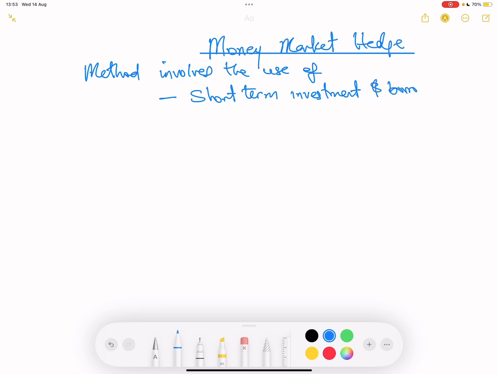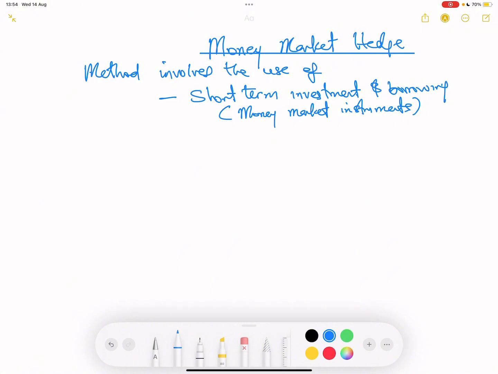And this is coming from the word itself, money market. These are called money market instruments. Any short-term investment or borrowing is what is actually referred to as a money market instrument. Some governments have treasury bills, commercial papers, short-term deposits, short-term borrowing, interbank. All those are money market instruments that can be used.